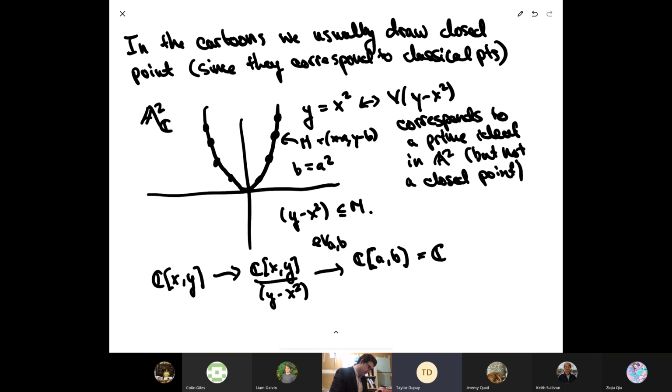These are particular points, with a and b in C, for example a equal to 2 and b equal to 4.